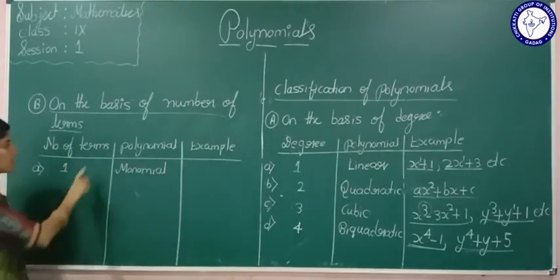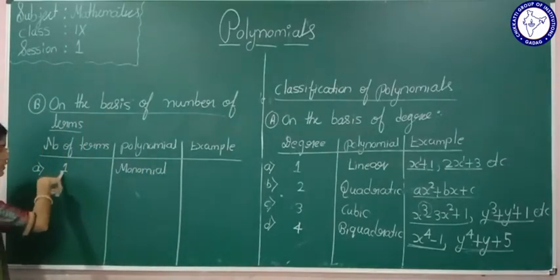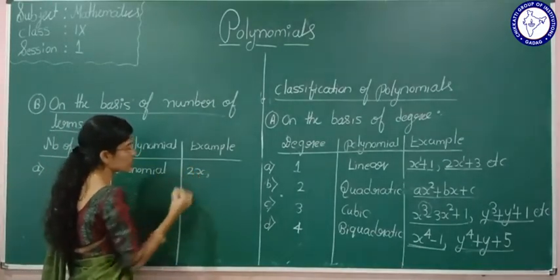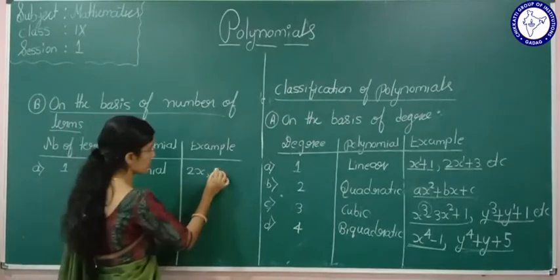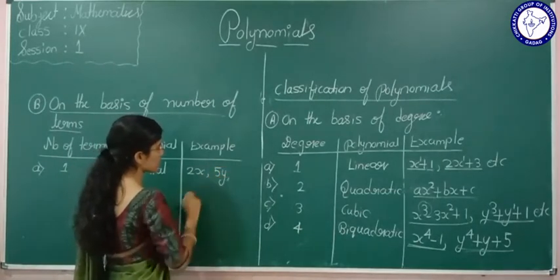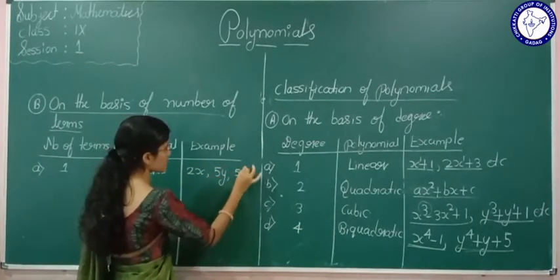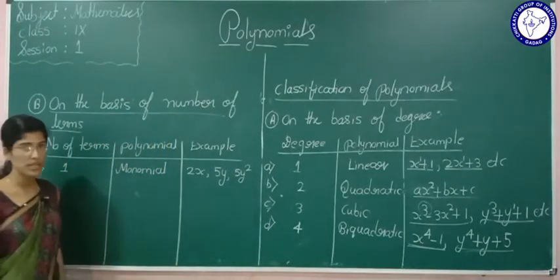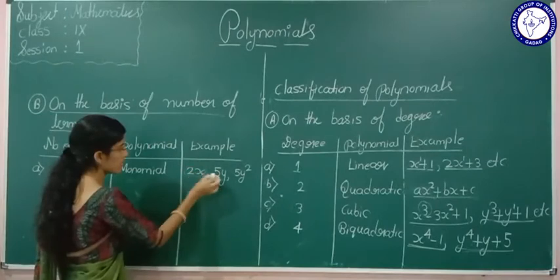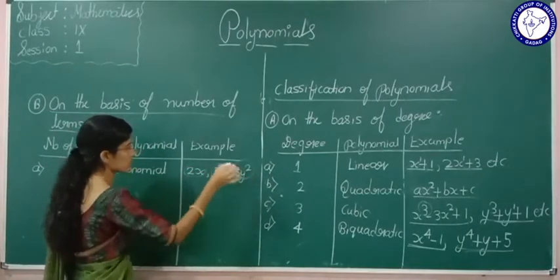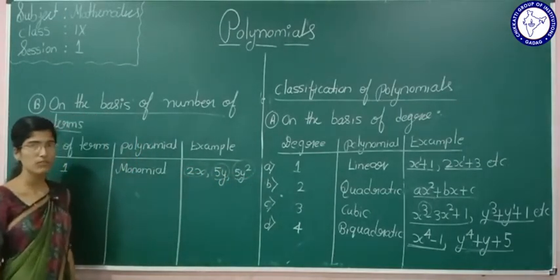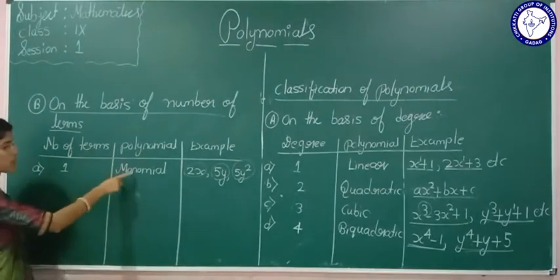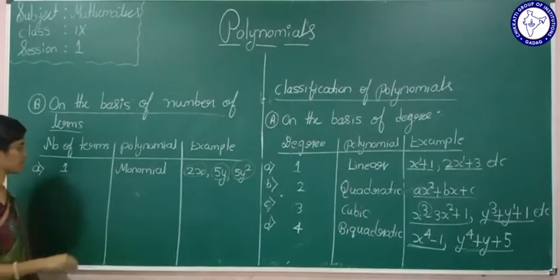You can take examples 2x, 5y square. So these are nothing but examples for monomial. See here, it contains only one term. If it contains only one term, then such types of polynomial are called monomial.